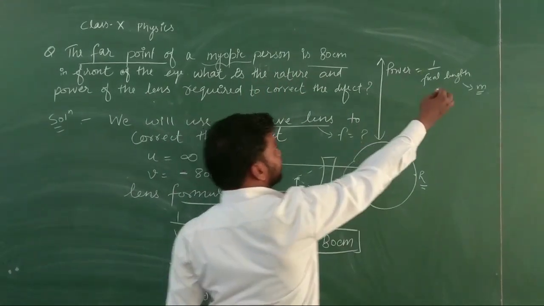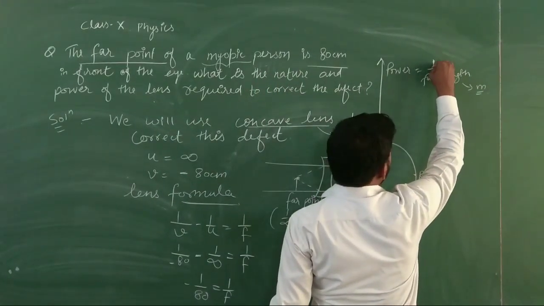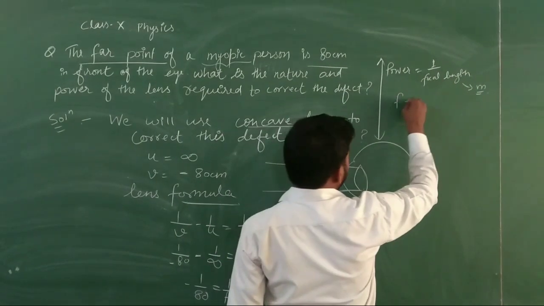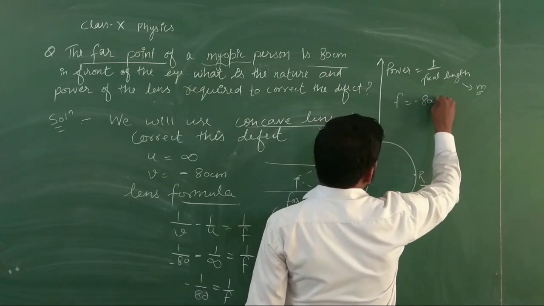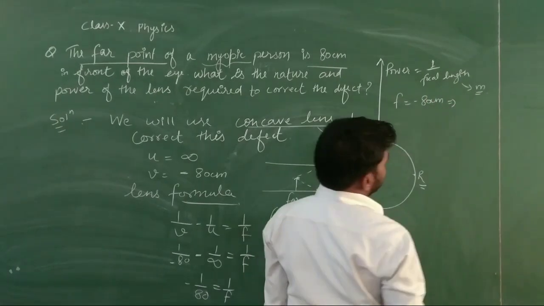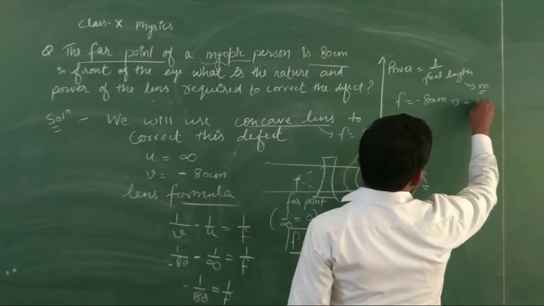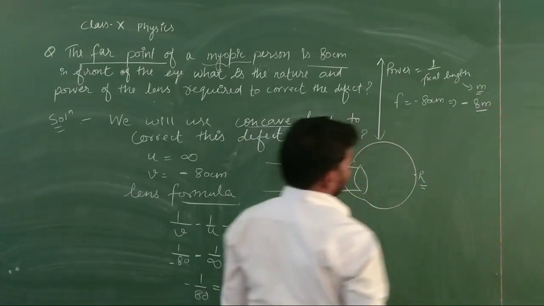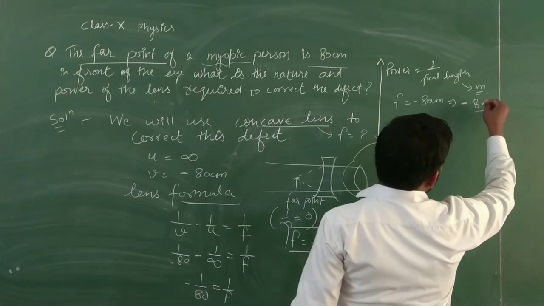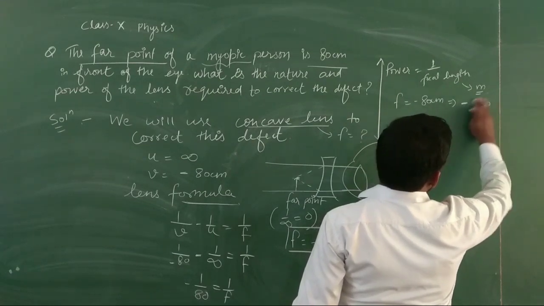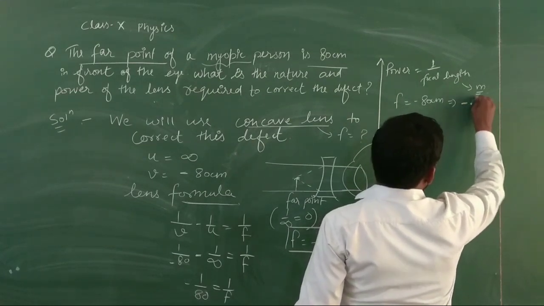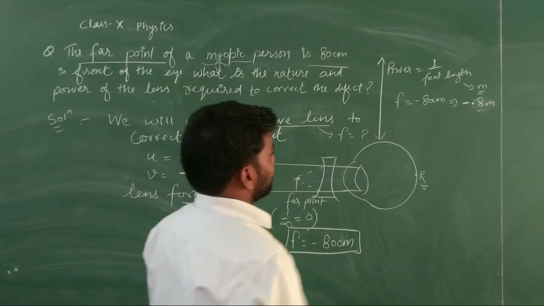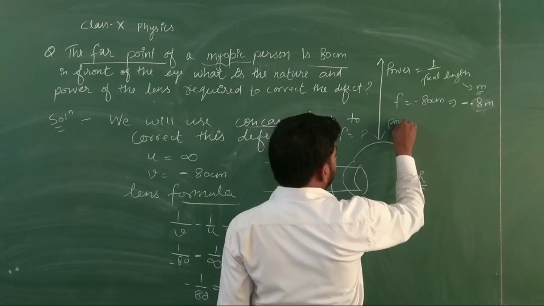Here f is minus 80 centimeter. We will convert it into meter, so it will be minus 0.8 meter.